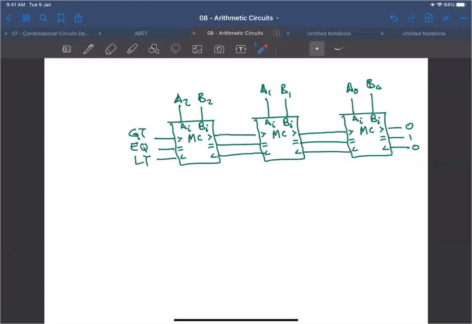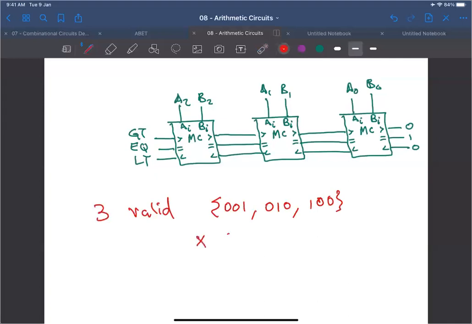We have three valid combinations for the three signals: 0 0 1, or 0 1 0, or 1 0 0. This is for greater than, less than, and equal. We multiply this by 4 valid inputs for A and B, which are 0 0, 0 1, 1 0, and 1 1. So how many rows do we have in our truth table? Basically, it's 12: 4 times 3.